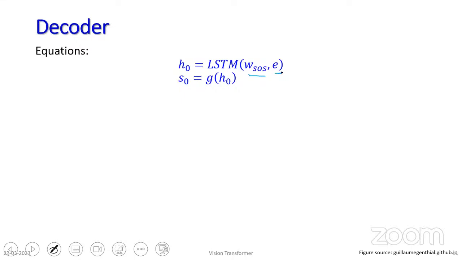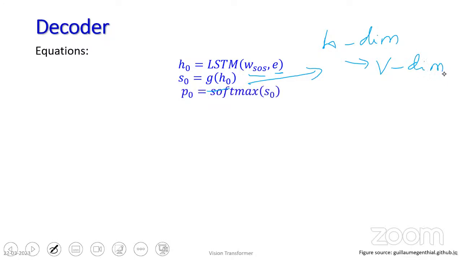S0 is some operation on H0 that transforms an H dimension vector to a V dimension vector, right? And P0 is the softmax on S0. Now this is a V dimension vector. Suppose V is, say, 10. I will be getting a vector because I have applied the softmax operation on S0.